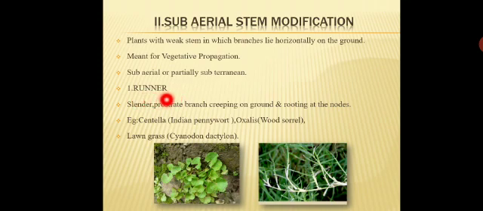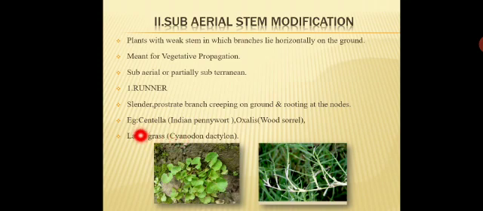A runner has the characters of being slender and prostrate in nature, with branches creeping on the ground and roots at the node, especially rooting at the node.